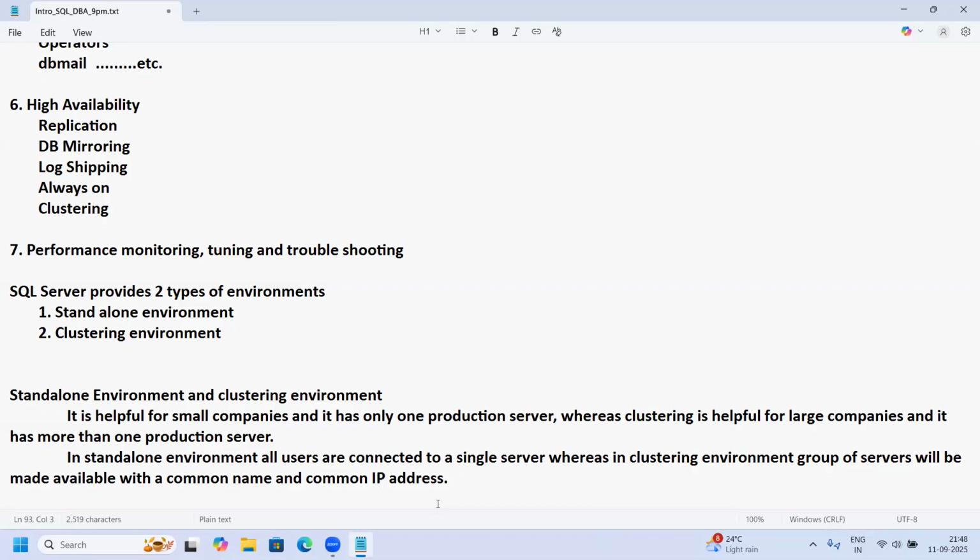That wizard-based approach may not be suitable in many situations. So my focus will be completely practical-oriented with script support. For everything we write a script. If there is somewhere a support of a wizard, we will discuss the wizard also, but mostly we depend on scripting, writing queries, writing various types of views, implementing a lot of logic.